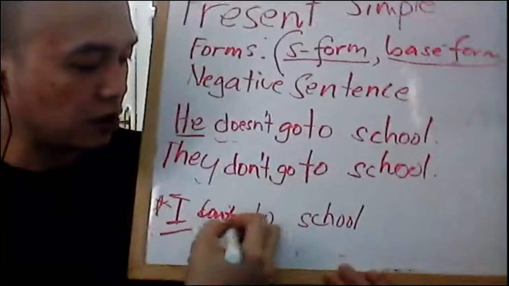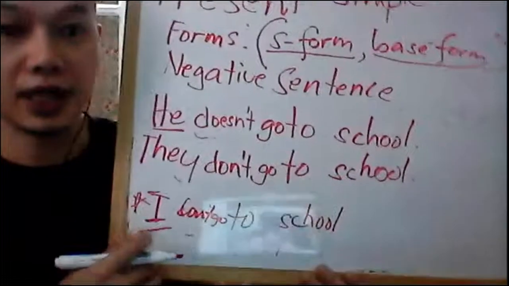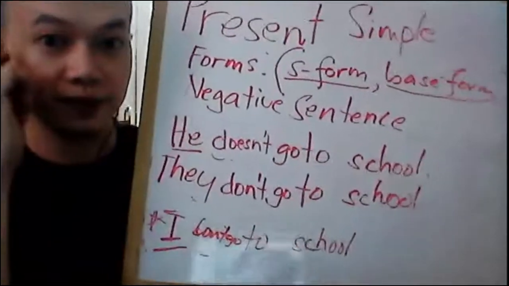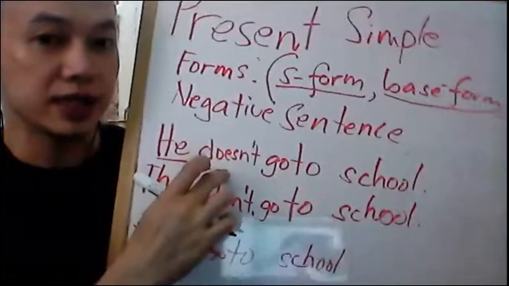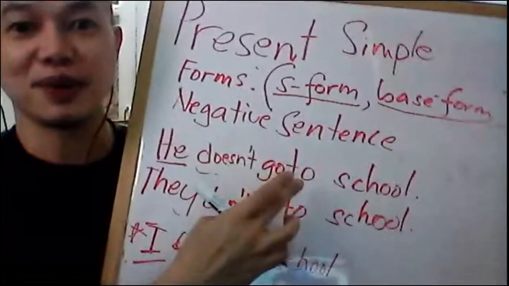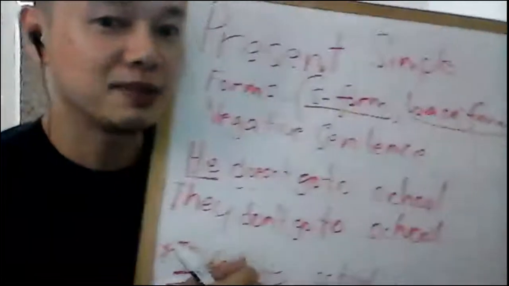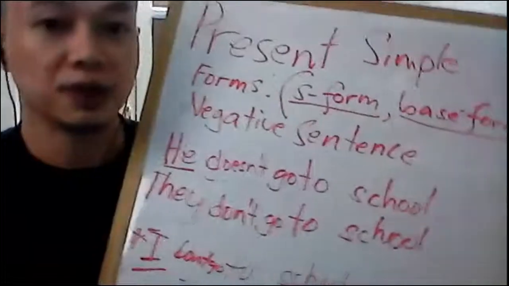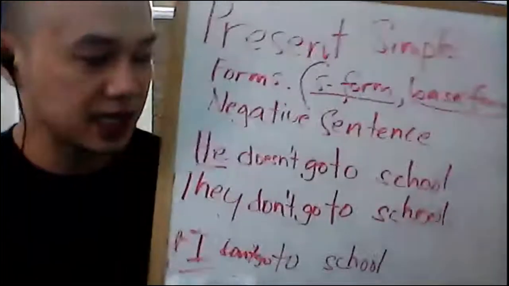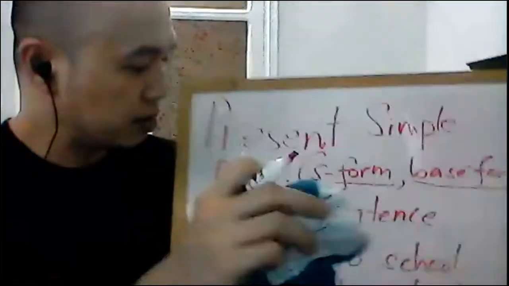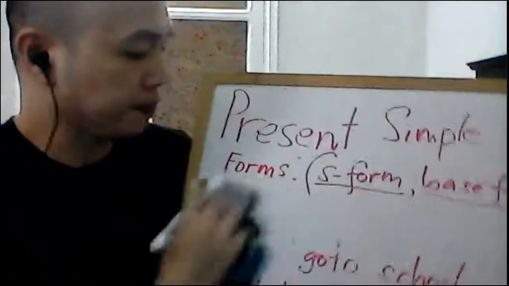I don't go to school. Okay, I is a special case as well. Is it easy? Subject is singular, use doesn't. The main verb is base form. Subject is plural, the main verb is also base form. Okay, Kristel? Quite easy.